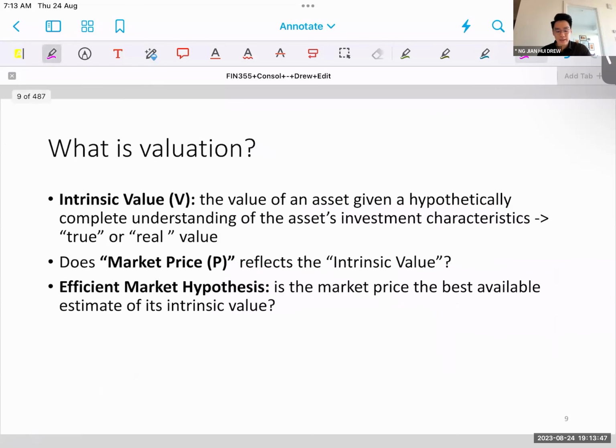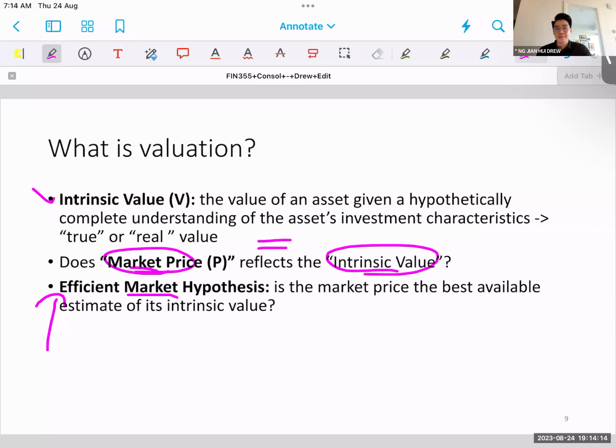And the idea, like I mentioned earlier, is about intrinsic value and market price. If we believe in the efficient market hypothesis, which hopefully is not new, as I think you probably learned it in year one, then if the market is really efficient, the market price and the intrinsic value should be equal, right?